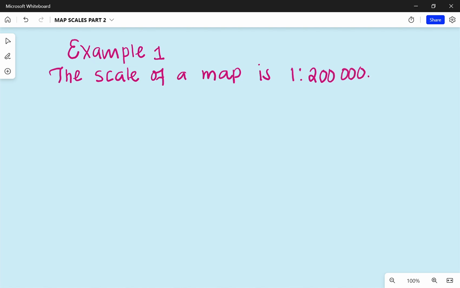A pack appears as 6 square centimeters on the map.